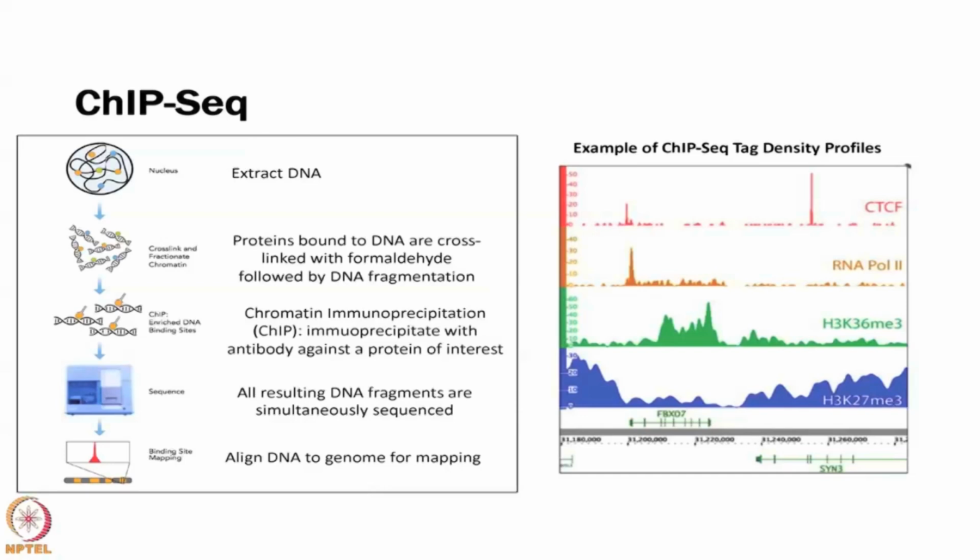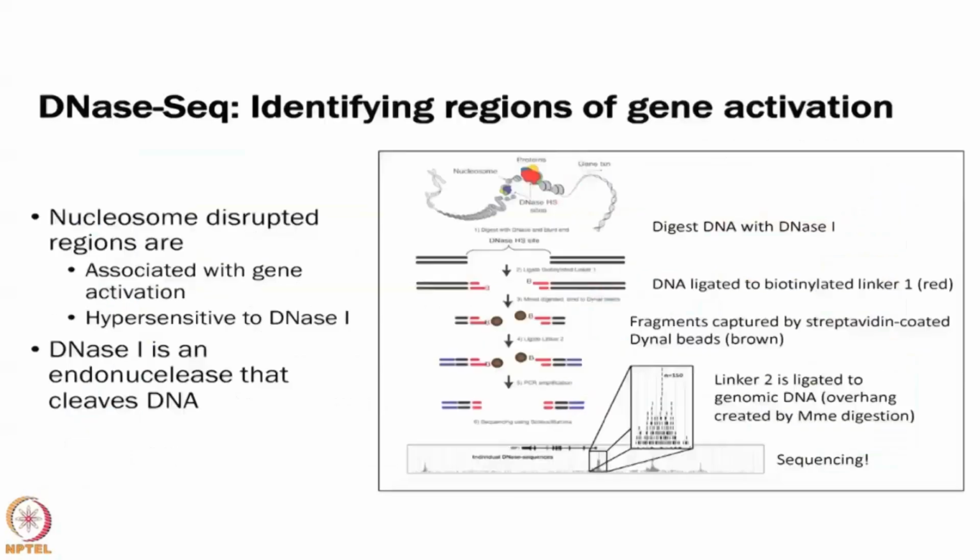This is typical: CTCF would be the protein, and then you would pull down and you can see that there are a lot of reads in this area here. You could look at RNA polymerase, you could look at methylation status. Anything you can pull out of your sequence after you do this hybridization, you can look at with this kind of method. Any questions so far?